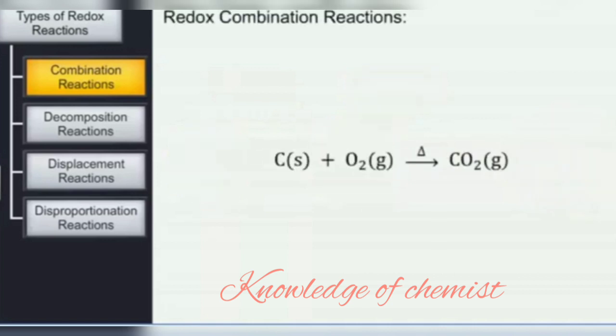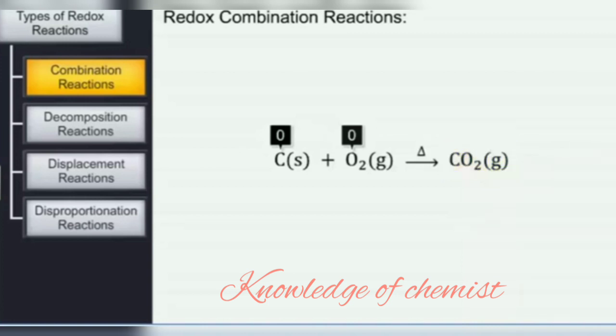Let's look at some examples of redox combination reaction. Carbon and oxygen in elemental state combine to give carbon dioxide gas. The oxidation number of carbon and oxygen is 0. Carbon dioxide gas is formed.